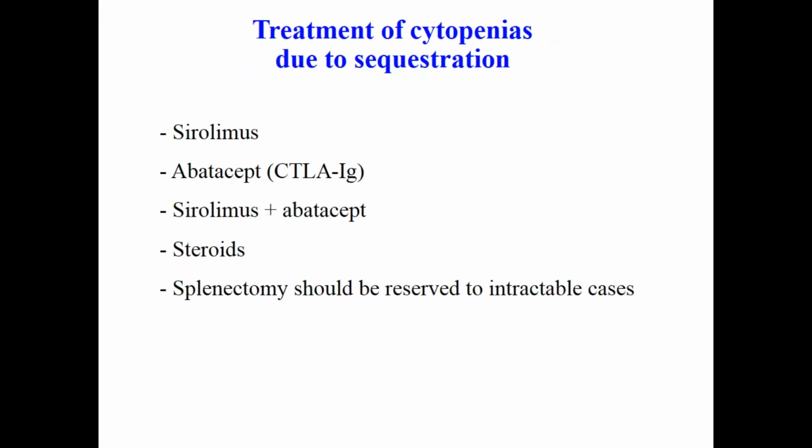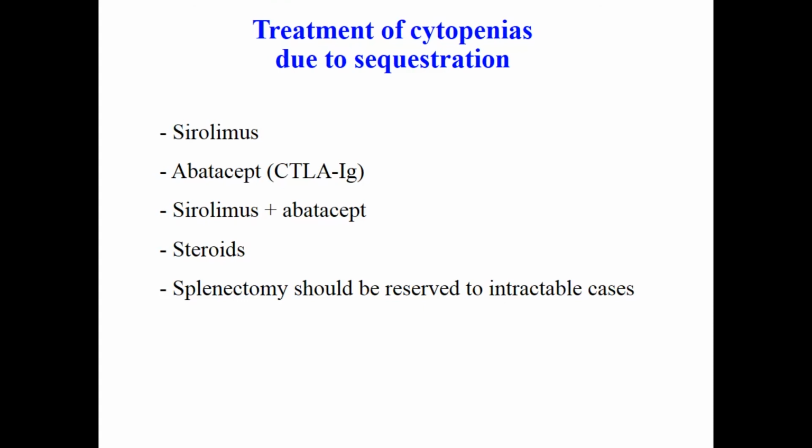So the treatment of cytopenias due to sequestration is different. In this case, what we try to do is use T-cell targeted therapy. All of these are drugs that try to suppress T-cell responses. The T cells are overly proliferating in these patients, leading to this enlarged spleen. So we use drugs that suppress the T cells so they don't proliferate that much.